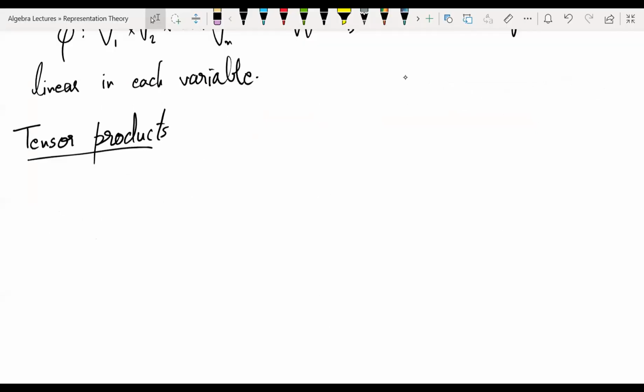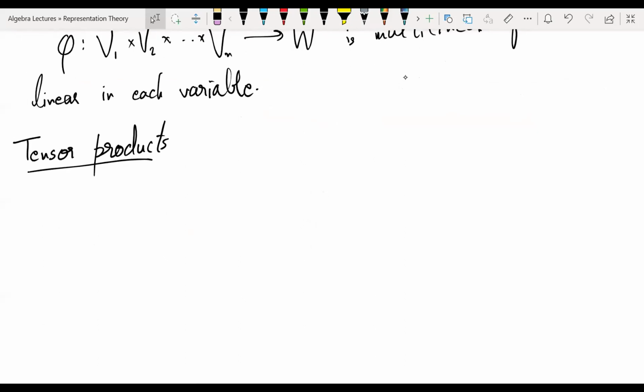So maybe I'll do it for two variables, in somewhat of a generality. Tensor product may be useful for your other courses. So let R be a ring. The effort is the same, so that's why I'm thinking about it, but we'll concentrate. The definition will be for general R modules, but for the properties we will only worry about vector spaces.